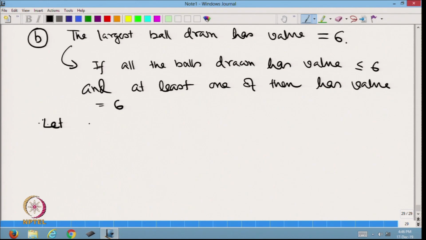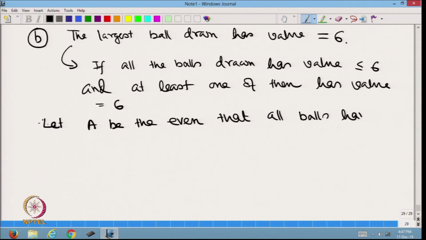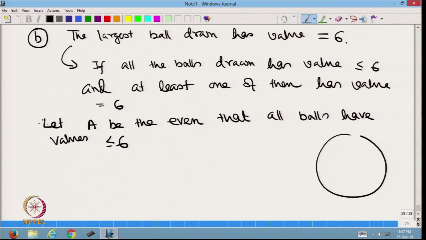So, let A be the event that all balls have values less than equal to 6. Suppose this is the event, all values less than equal to 6, and of which a subset is that all values are less than equal to 5.